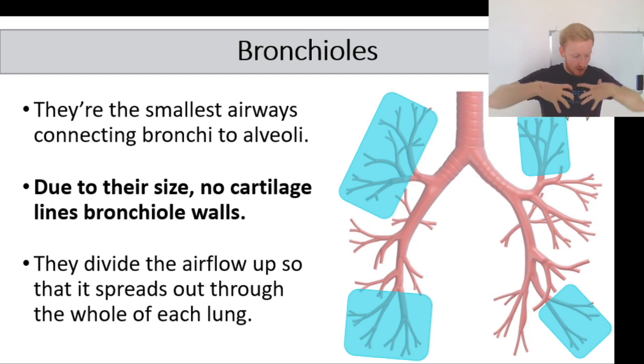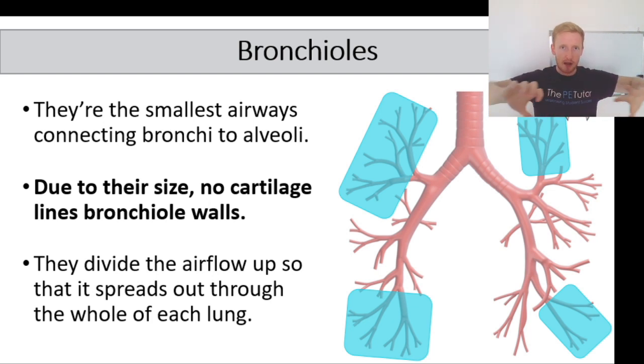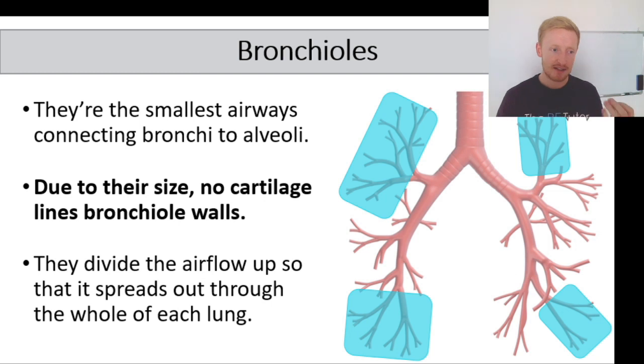We need to touch as much of the lungs as possible to stand the best chance of getting oxygen in and getting CO2 out. So bronchioles, we've got a higher number of these than bronchi. These bronchioles branch out, they're smaller, they're thinner, they divert this air into all of the different spaces inside of the lungs.